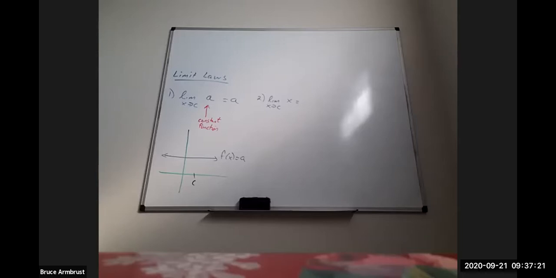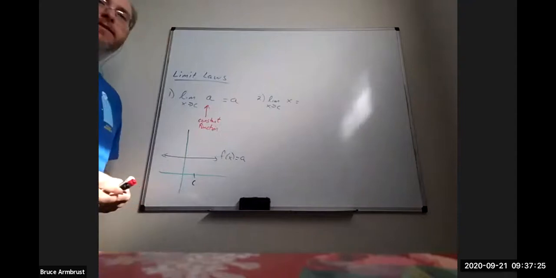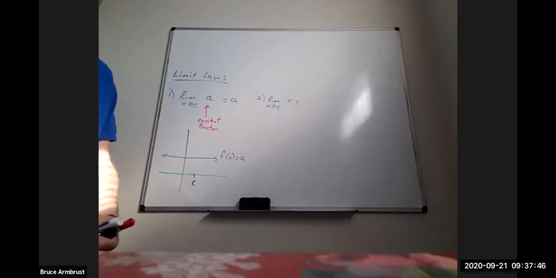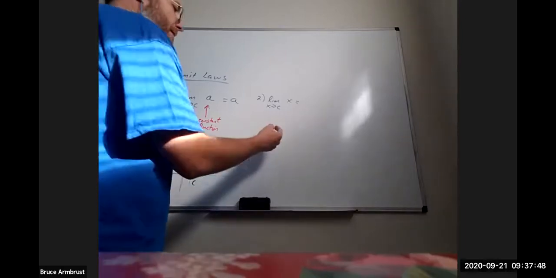All right, so what does this look like? What do you think? What's your guess of what this limit is? No guesses? All right, well then let's do it numerically. Let's pick a specific c value and evaluate this limit.